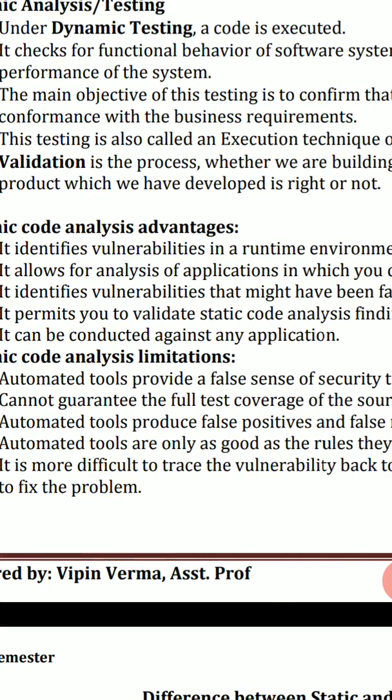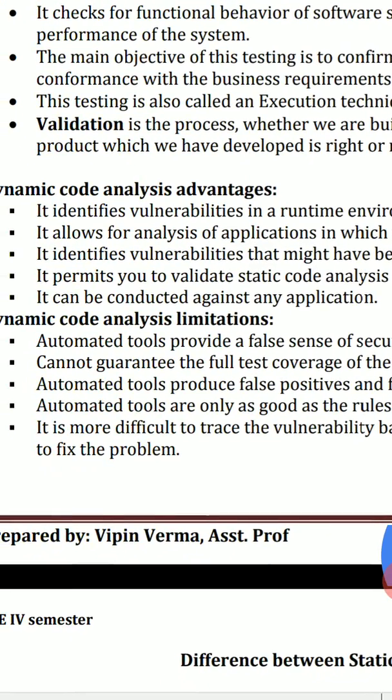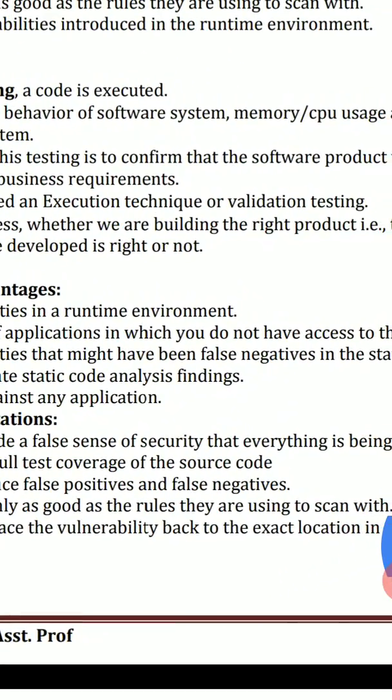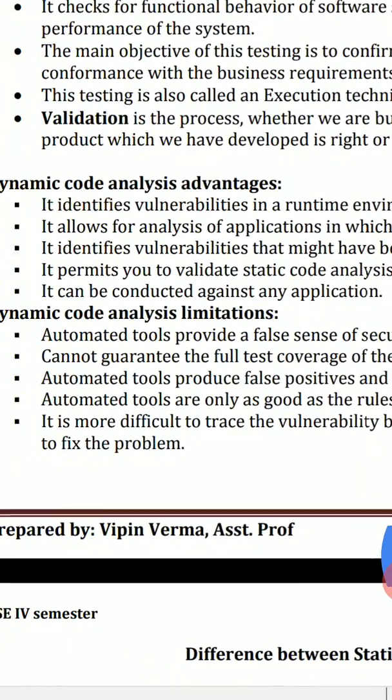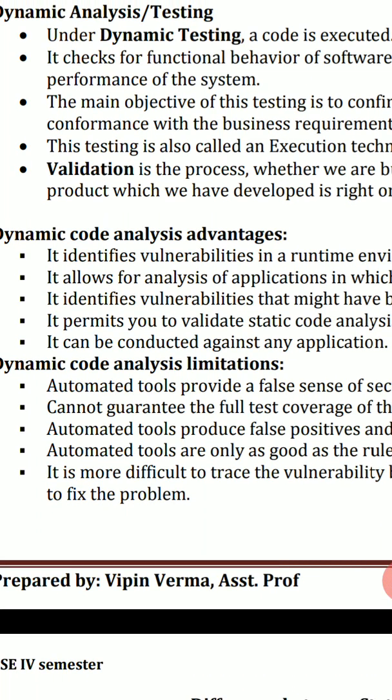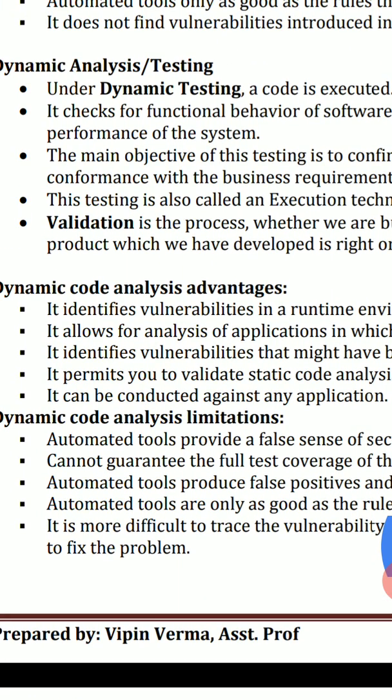That means the main objective is to check whether the system actually meets the business requirement or not. And then this testing is also known as validation and execution technique, or validation testing. Similarly, verification is done in static testing.